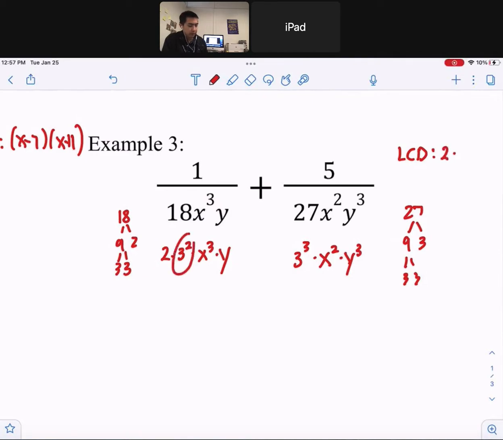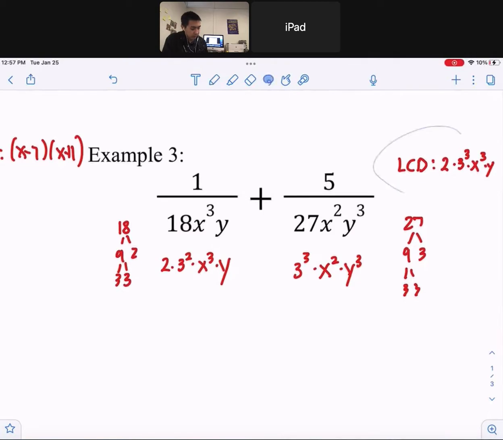Now there are factors of 3. Which one's bigger? 3 to the third. They both share an x factor, so which one's bigger? X to the third. And they both share a y. Which one's bigger? Y to the third. So multiply all this out, and we should get 54x to the third y to the third. So that is our LCD.